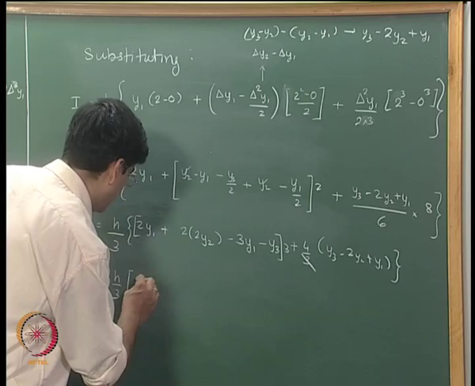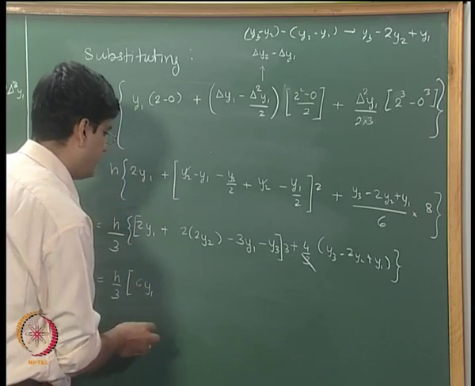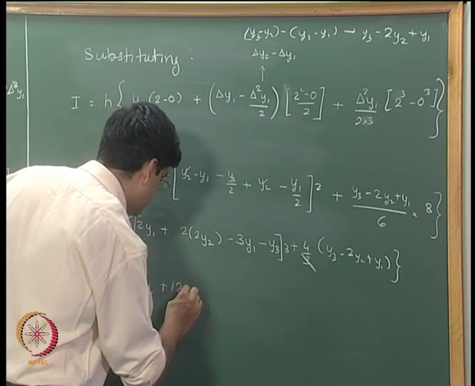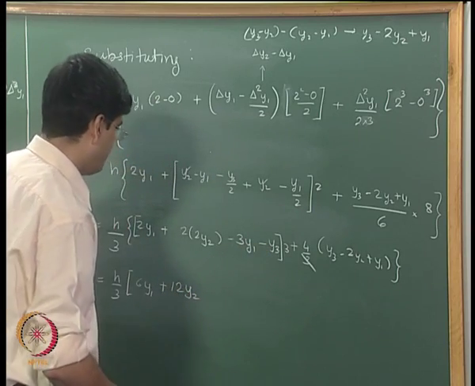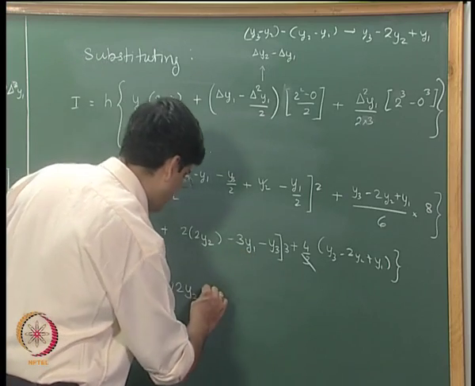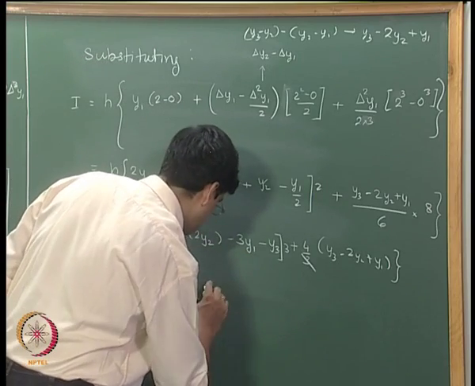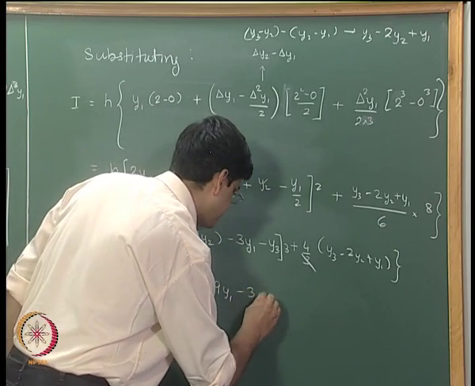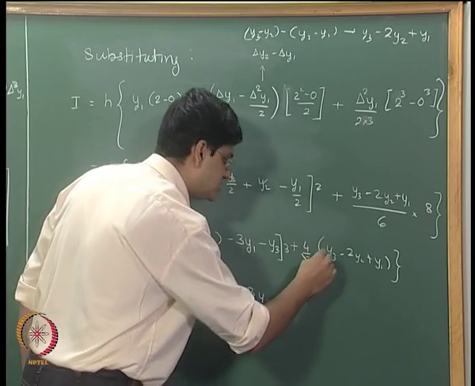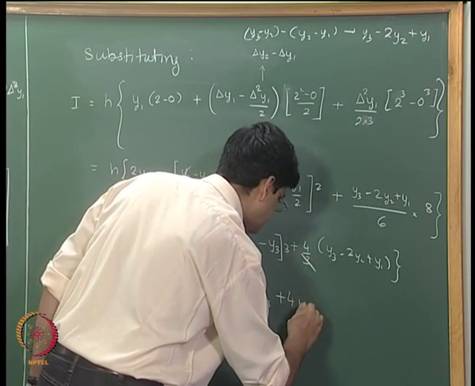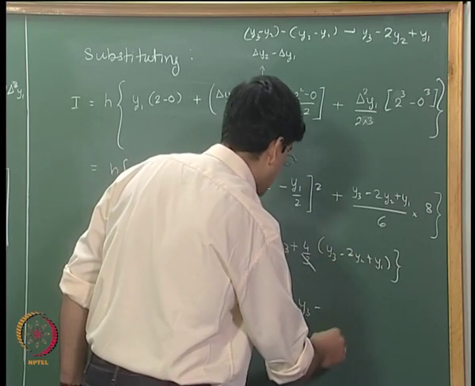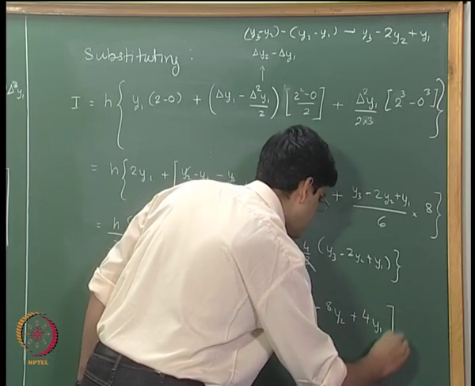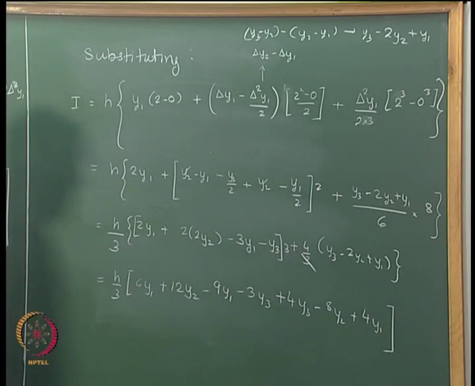So what we will have is 6 y1 plus 4 y2 multiplied by 3, that is going to be 12 y2, minus 9 y1, minus 3 y3, plus 4 y3, minus 8 y2, plus 4 y1. Okay.